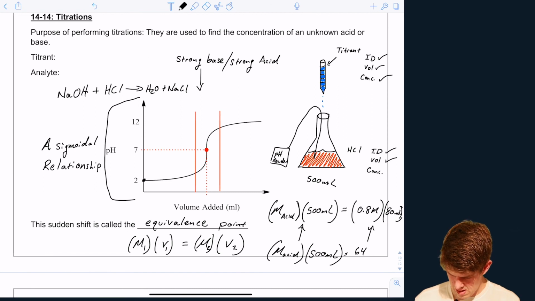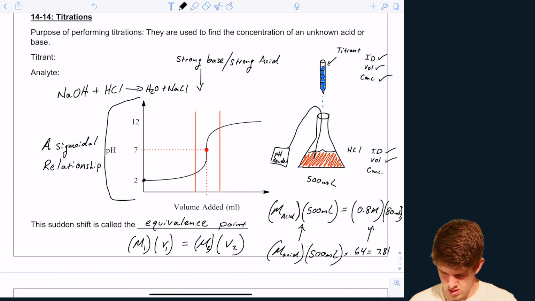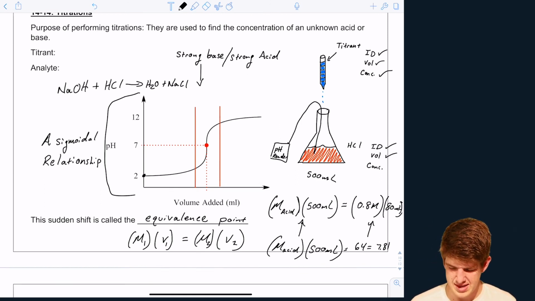So 64 divided by 500 means that the concentration of the acid was 7.81 moles per liter. That is a pretty high concentration.